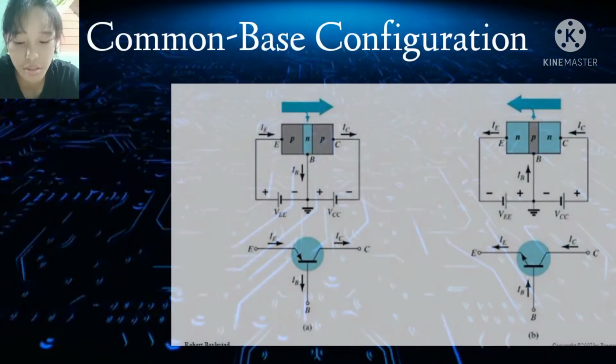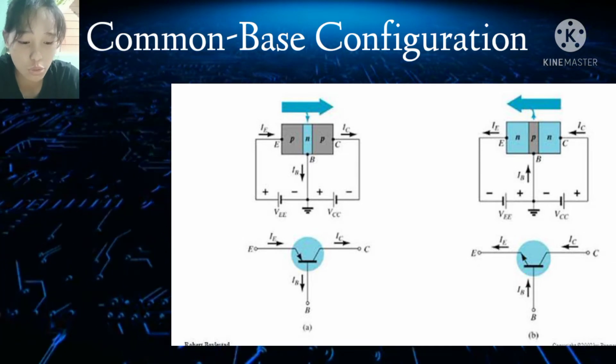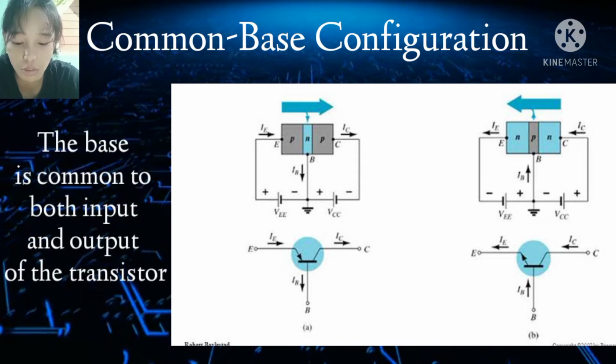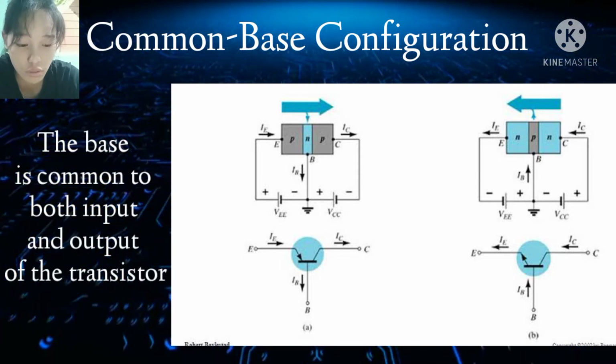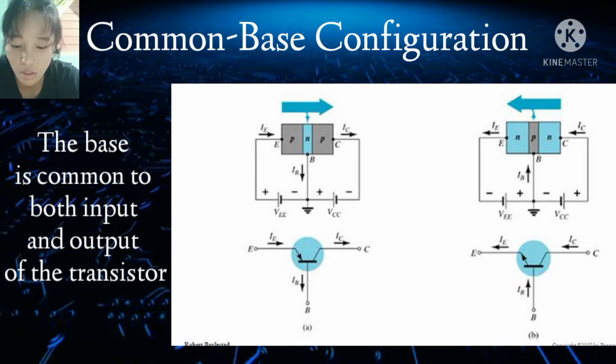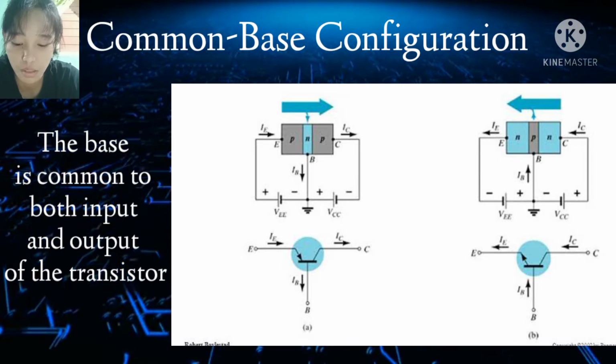The base is common to both input, the emitter-base junction, and output, or the collector-base junction, of the transistor. So this offers low input impedance and high output impedance.